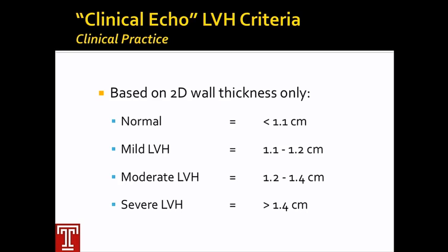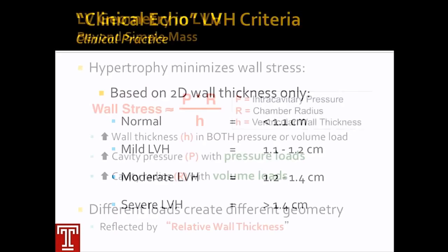And based on the guidelines, these are the 2D wall thickness criteria for the presence and severity of LV hypertrophy. You probably will want to put these to memory as well, because you might come across a question based on wall thickness only. But this misses a lot in terms of the pathophysiology.